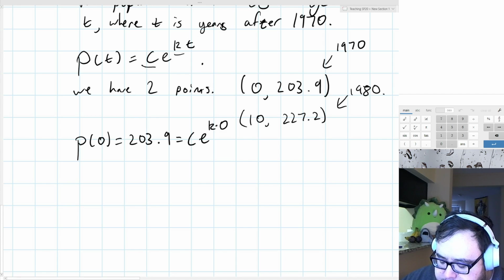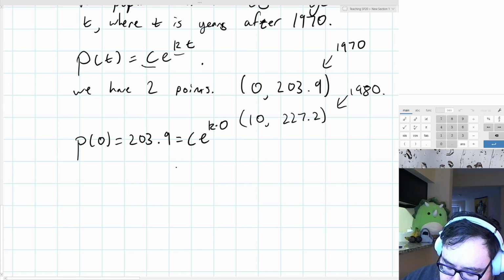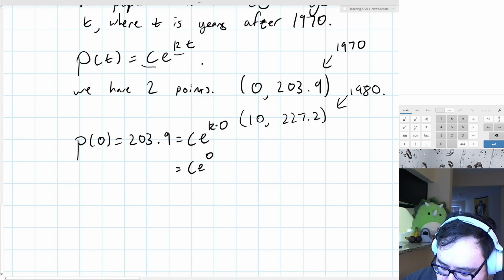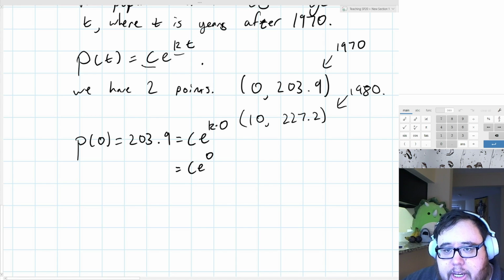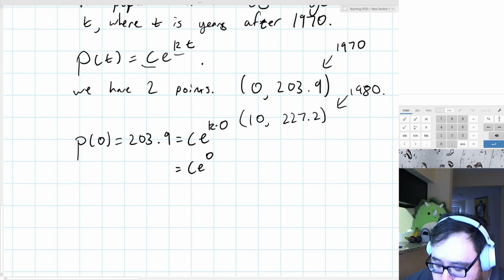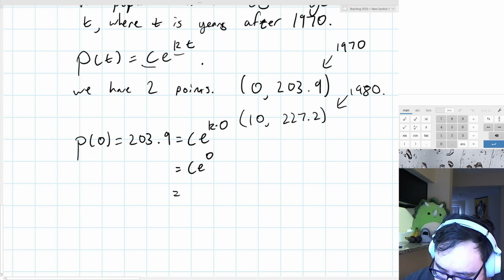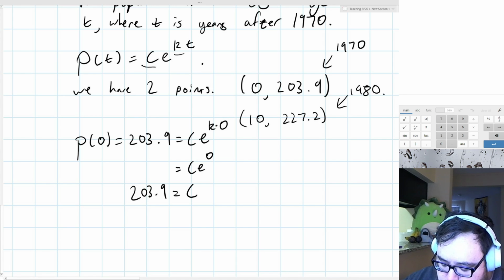But k times 0, it doesn't matter what k is, k times 0 is 0, right? So this is c e to the 0. And e to the 0, just like basically everything else when we raise it to the power of 0, is just 1. So c is equal to 203.9.